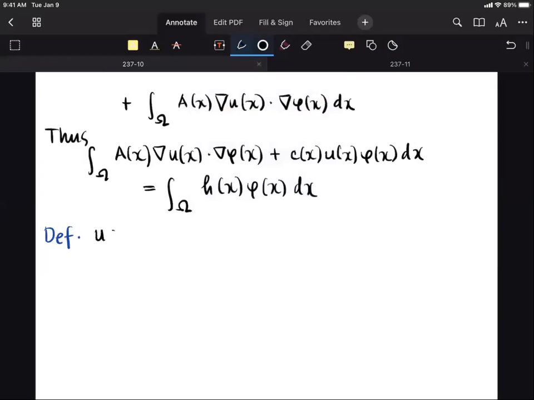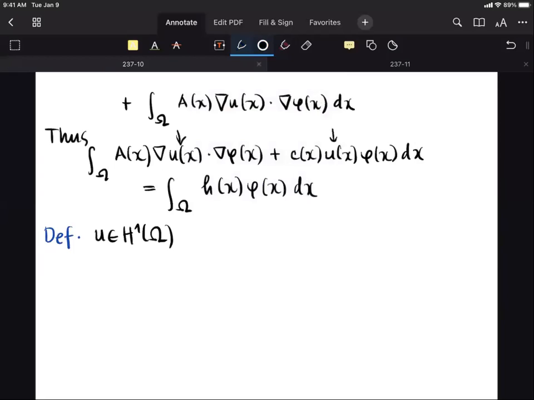So a function u in H1, okay? Take note that here we only need that u and the gradient of u exist, okay?